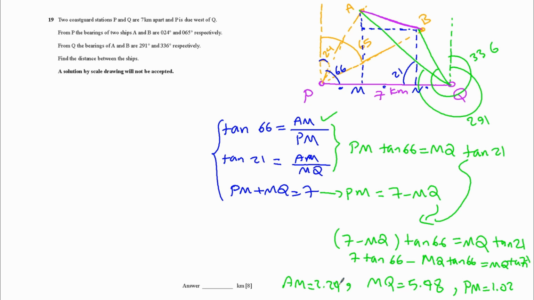So I'm going to consider triangle BPN, and I need to be careful here because this is 65. So this angle here would be 25. And this angle here, that is 336 minus 270, that would be 66. So we have 25 and 66 on the other side.